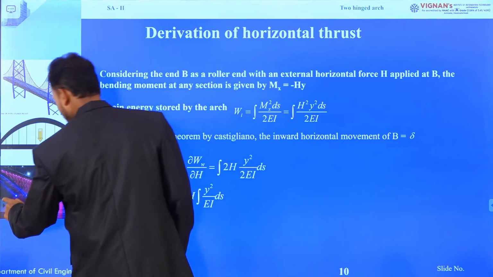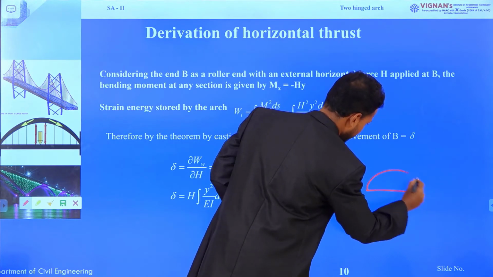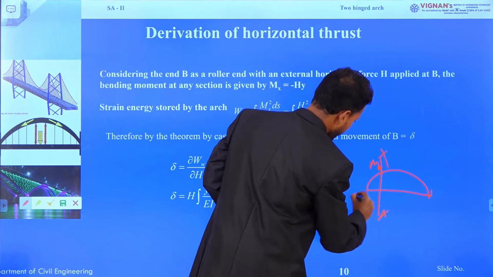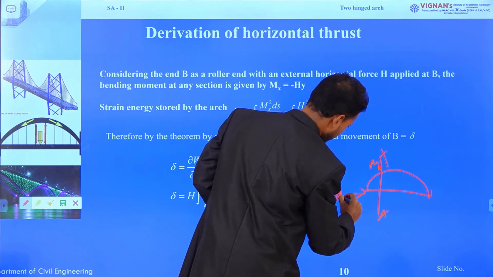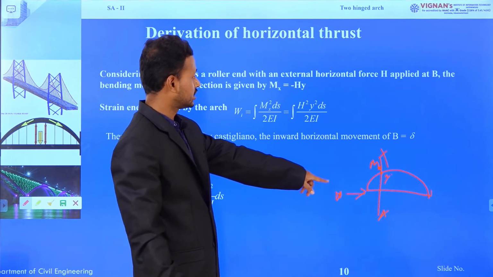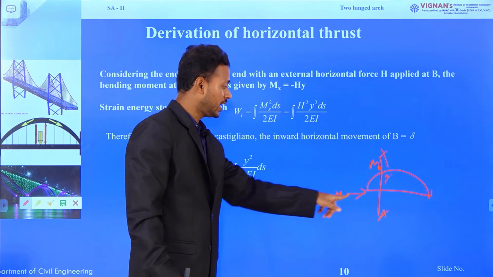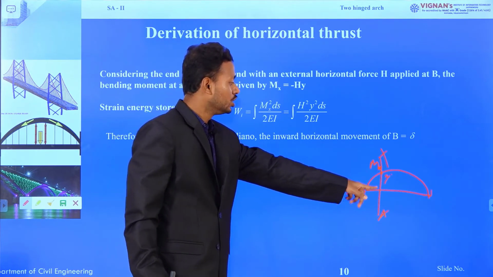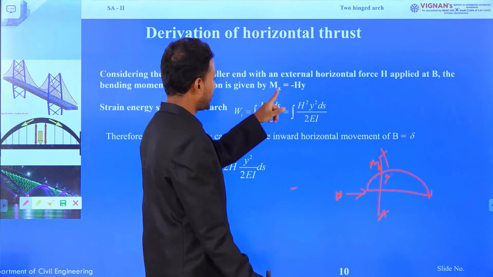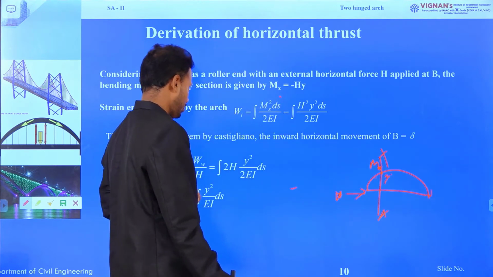As we know, this is an arch structure; at any section x, the bending moment will be H into y, where H is the horizontal thrust and y is the ordinate at section x. So the bending moment at any section x is Mx equals minus H into y.